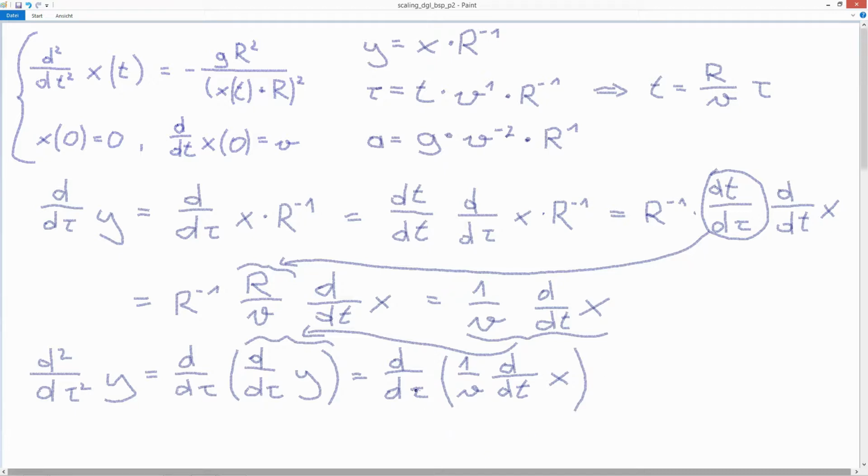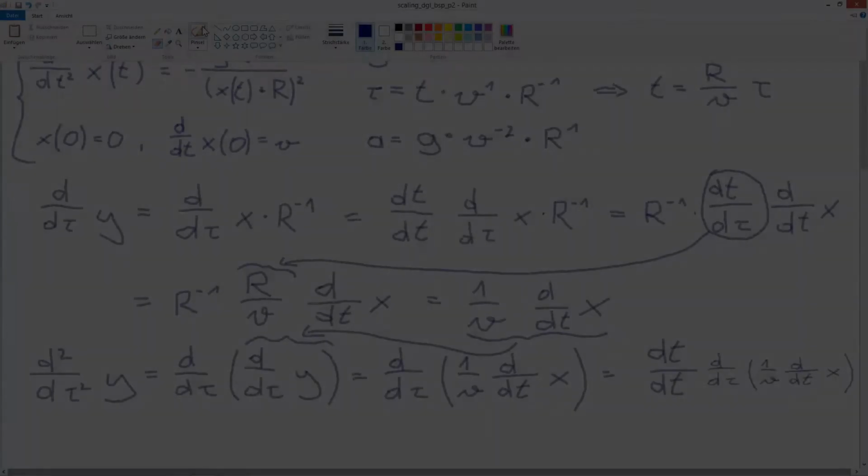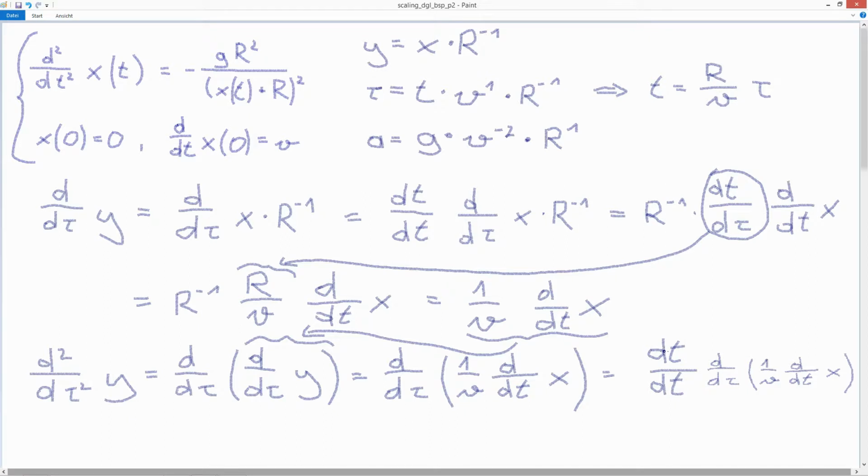So to get rid of this d tau here, we use our trick again. And this here is just 1. So we can write it down like this here again, because nothing is changed.